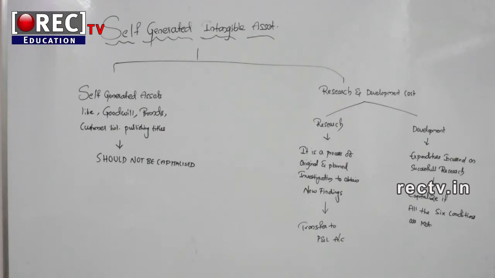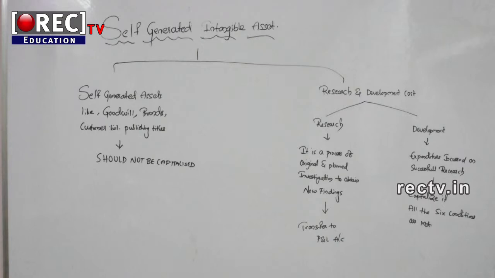And if the research proves successful at a later stage, the expenditure which was already charged to the P&L account should not be capitalized. So friends, we have taken a 5 year example. In that, the first 2 years are research cost, and it is transferred to the P&L account.